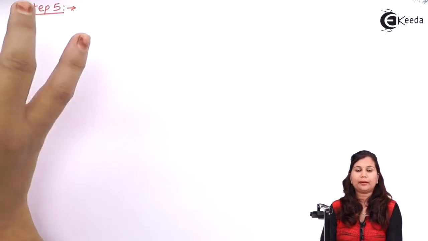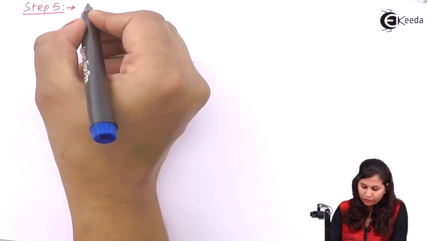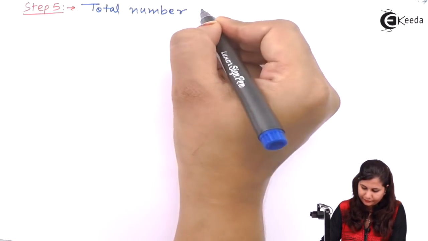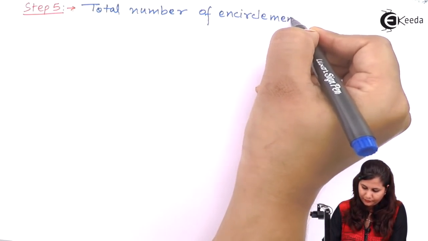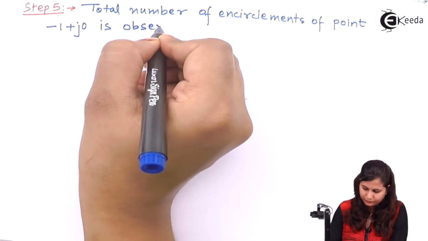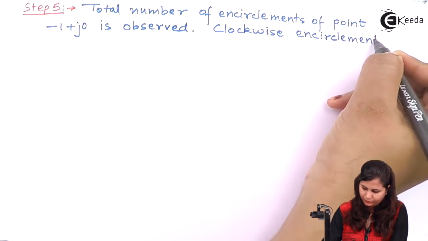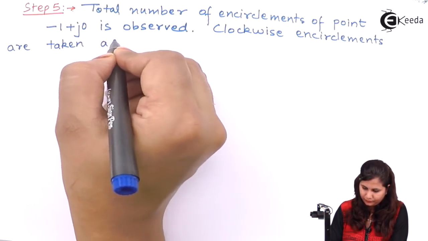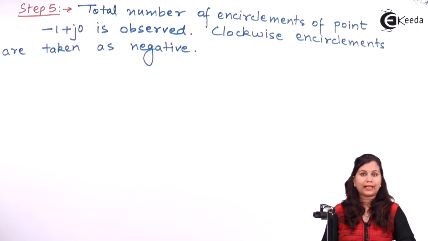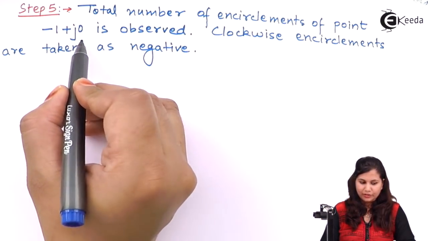to calculate the total number of encirclements of the point minus 1 plus j0.